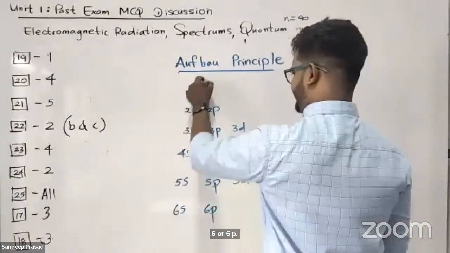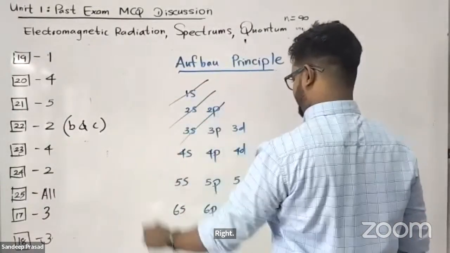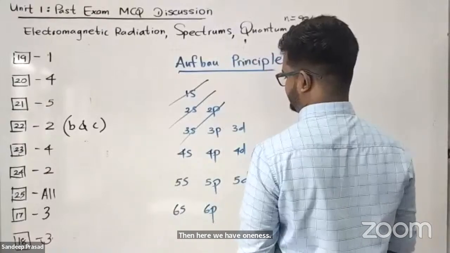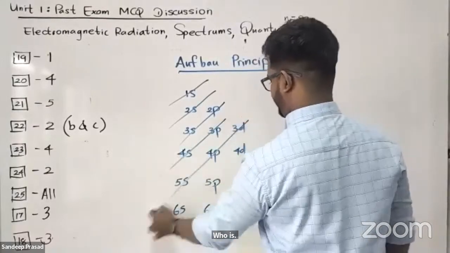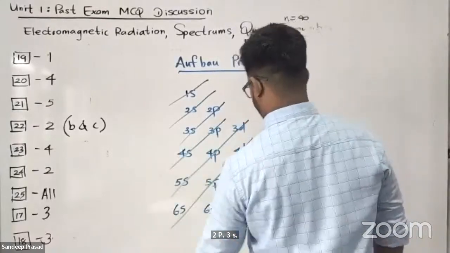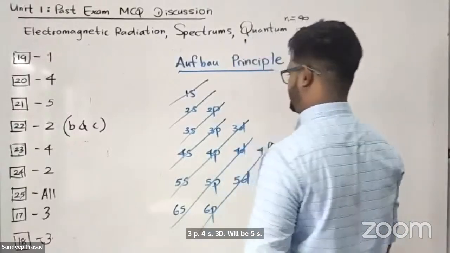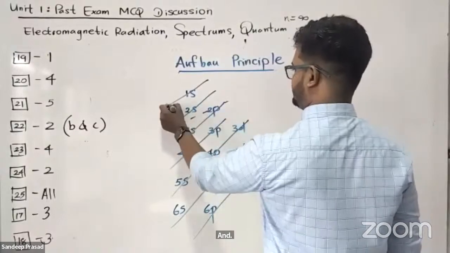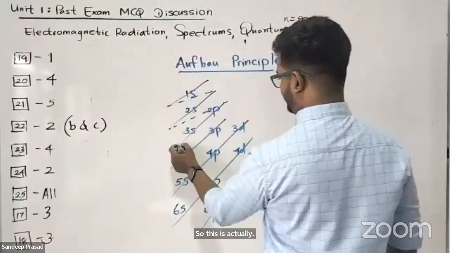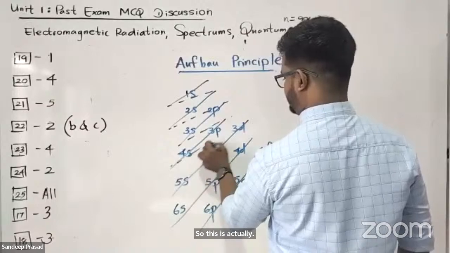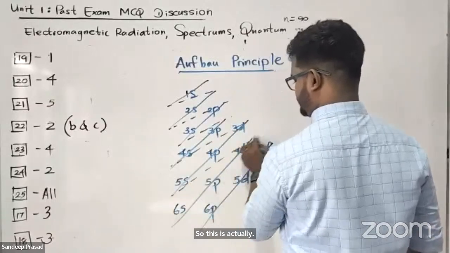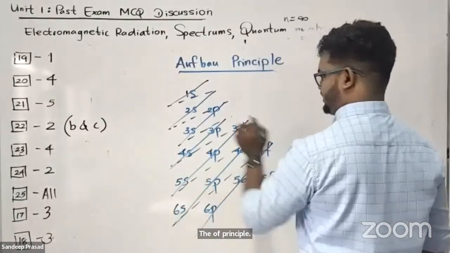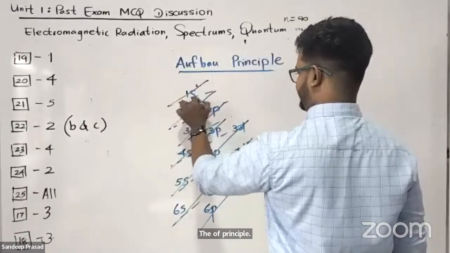Then here we have 1s, 2s, 2p, 3s, 3p, 4s, 3d, 4p, 5s, likewise. So this is actually the Aufbau principle. Electrons are filling in this way.